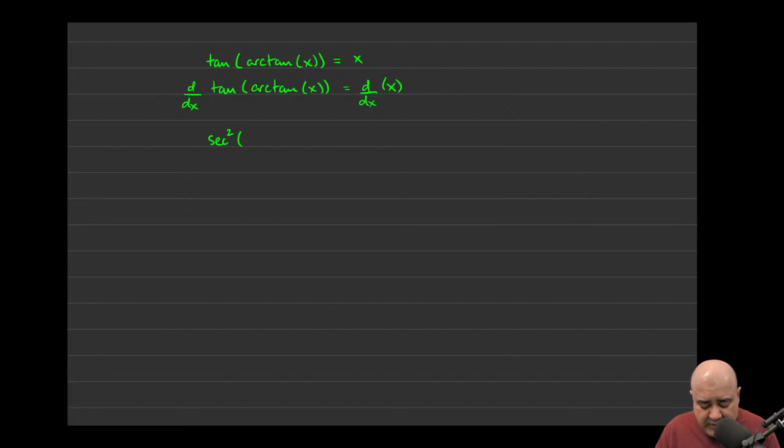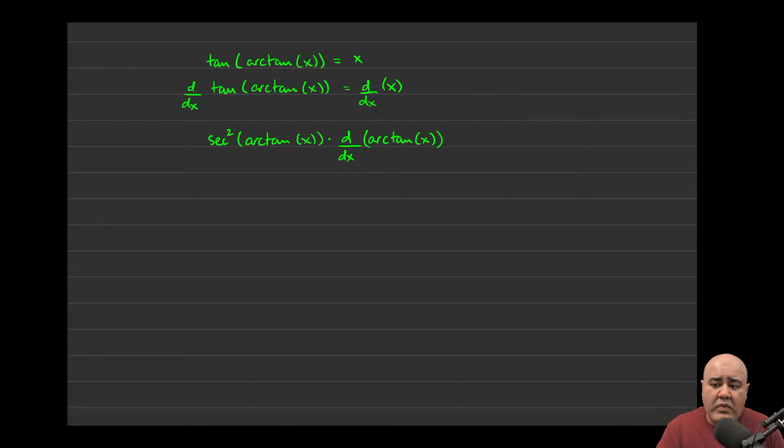So secant squared of arctan x times the derivative of the inside. So the derivative of the inside, I don't know it, and in fact, that's exactly what we're trying to find. So I'm going to leave it exactly as that.